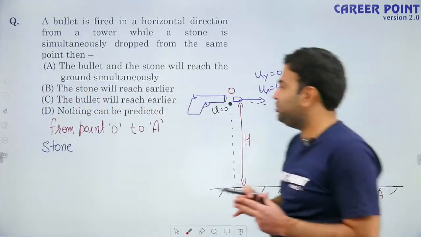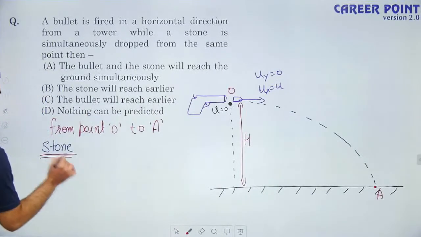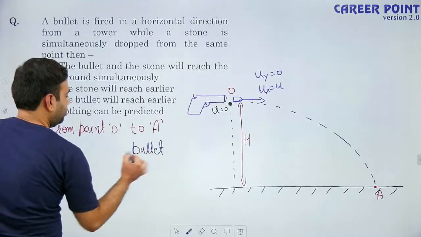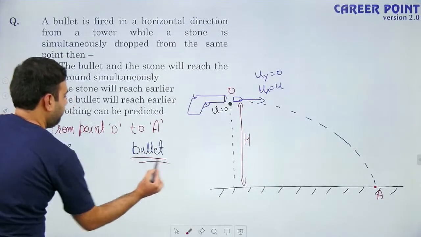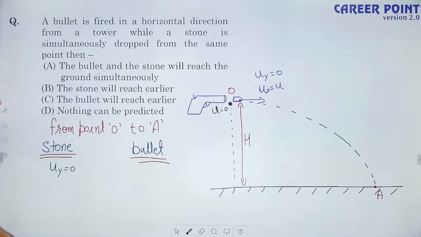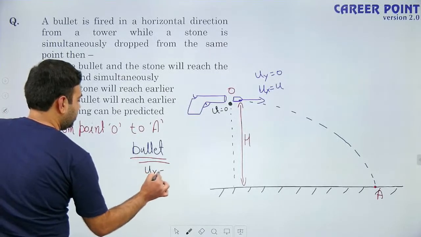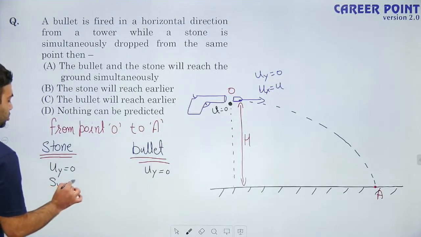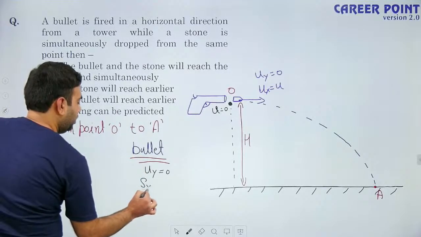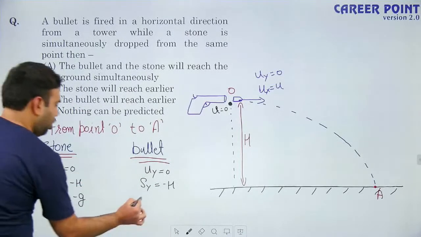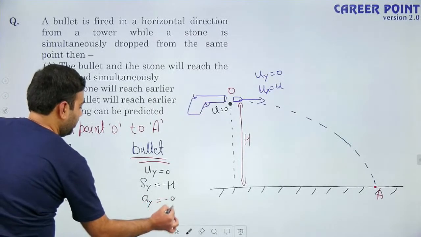Suppose initial height is h, then for stone and for bullet, I am going to write the parameters. For stone, initial velocity in y direction is 0. For bullet, initial velocity in y direction is 0. From point O to A, displacement of stone is equal to minus h. Displacement of bullet is also minus h. For stone, acceleration in y direction is equal to minus g. For bullet also, acceleration in y direction is equal to minus g.